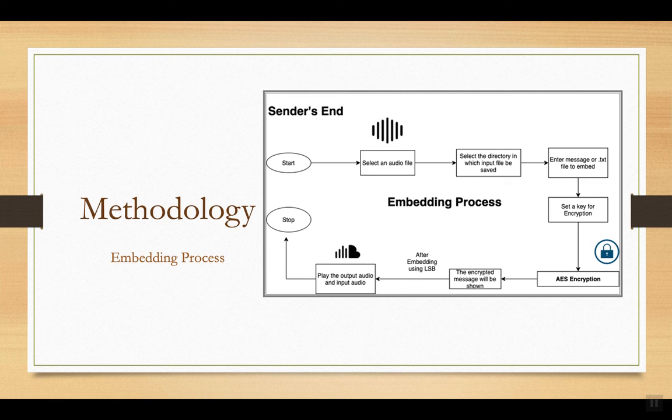In the next step, the user will have two options, either attach a file or input the text which needs to be embedded. Then the program will ask to set an encryption key which will be later used to decrypt the message. After that, the message will be encrypted using AES and then embedded into the audio file.